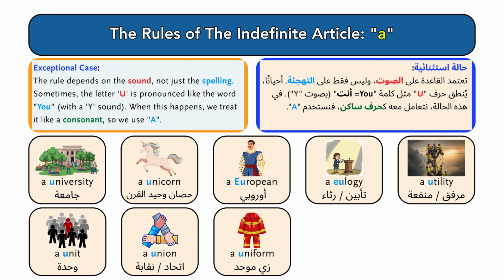Listen closely to these examples. A university. A unicorn. A European. A eulogy. A utility. A unit. A union. A uniform.